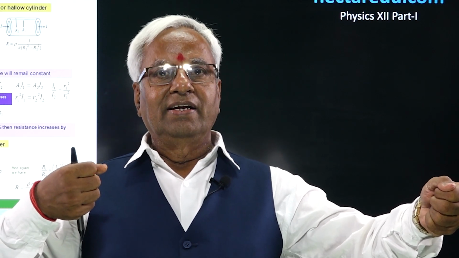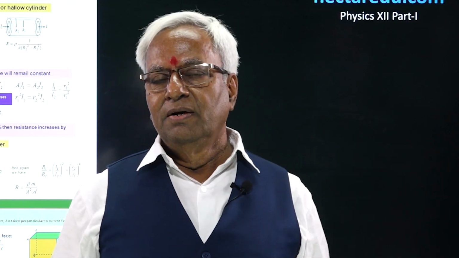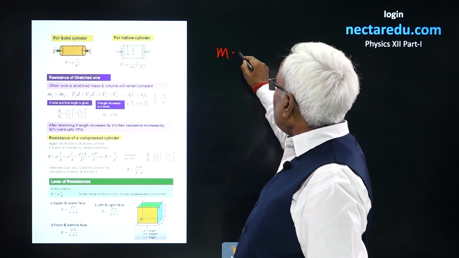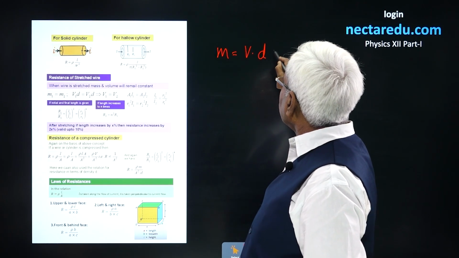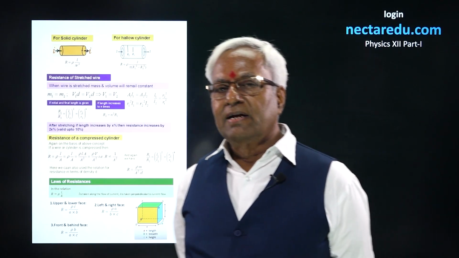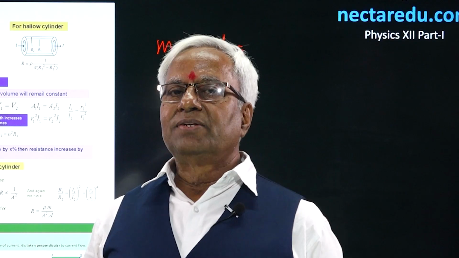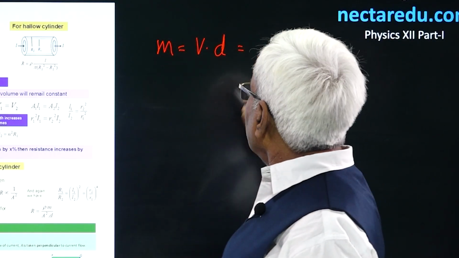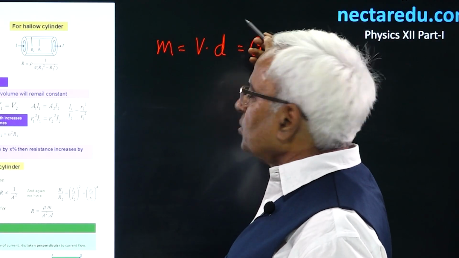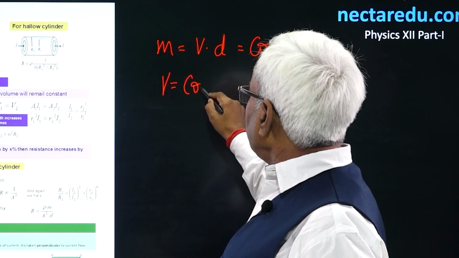Of course, you are adding energy, but mass is not going to change. Mass will be constant. By stretching or compressing, density will not be considered variable, so density also remains constant. You say mass is constant, density is also constant. Obviously, the inference is that volume would be constant.